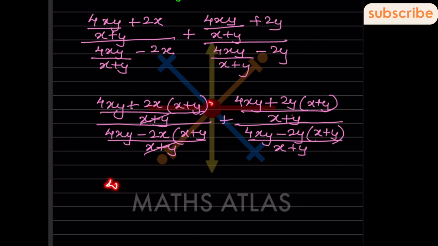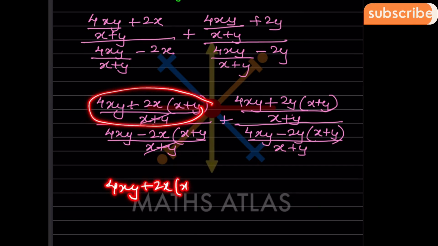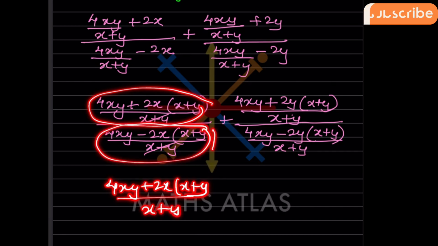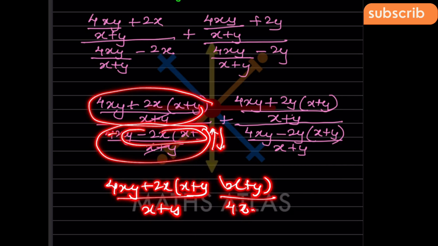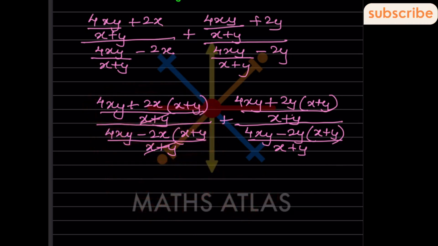Now see, we'll write this numerator as it is, 4xy plus 2x into x plus y divided by x plus y, and this is the denominator, this will get flipped over. So what will happen here, x plus y will go in the numerator, and this whole part will come here, that will be 4xy. So what happens here?